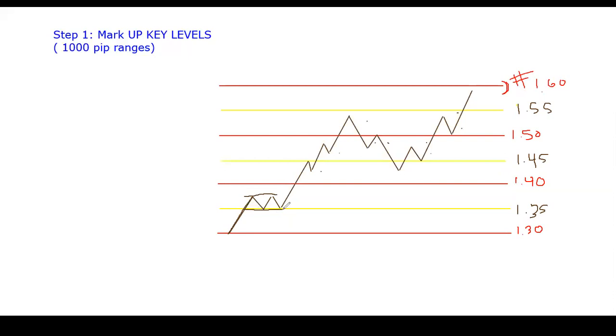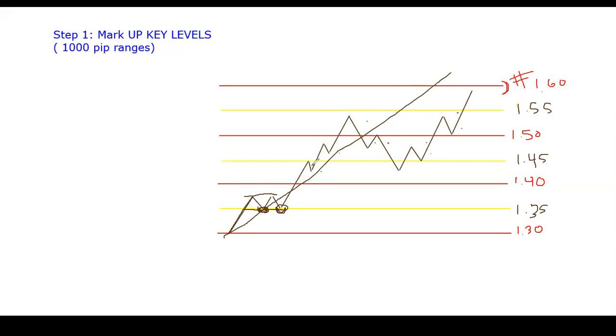Once we see a fib level met with the key level, we're looking at these swing points to see the reversal patterns. Not only that, we should be able to draw some kind of trend line that goes up as well, because if that happens, we're going to buy, assess it again over here.